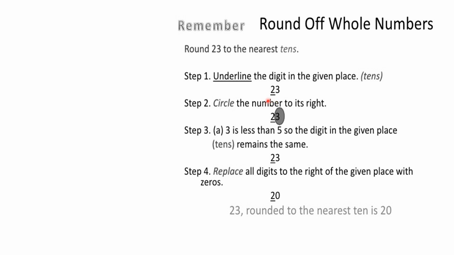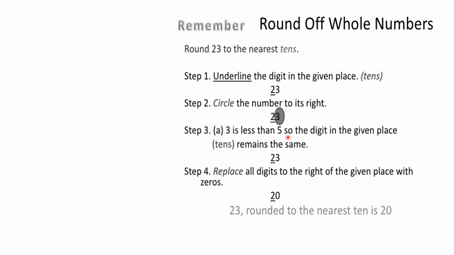We will underline that 2, and the second step is to circle the number to its right. Here 3 is to the right of 2, so we will circle this 3. Then we observe whether 3 is less than 5 or greater than 5, and you know that 3 is less than 5.